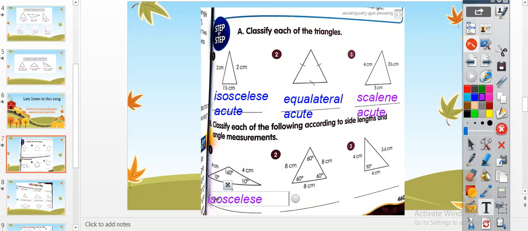And this triangle, I have 8, 8, 8, equilateral. And finally, this triangle here is 4, 4, 5.5. It's also called isosceles.